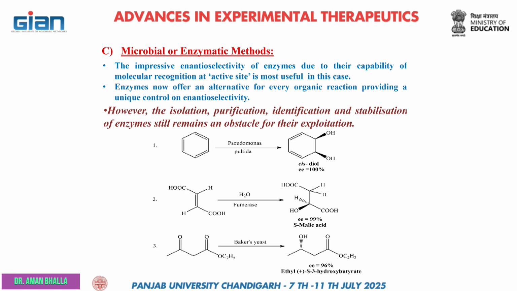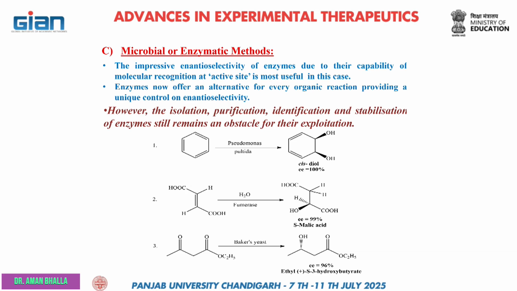So this is your hydroxylation. Now can you see in this example both the OH group are on the upper side, above the plane. You are getting cis diol enantiomeric excess कितनी है इसकी? 100%. That means this is a enantiospecific reaction.